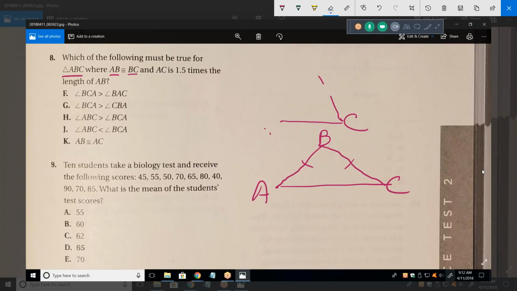There, that's our picture. Now, isosceles triangles not only have two equal sides, but what else? The angles opposite those sides are also equal. So angle A is equal to angle C.